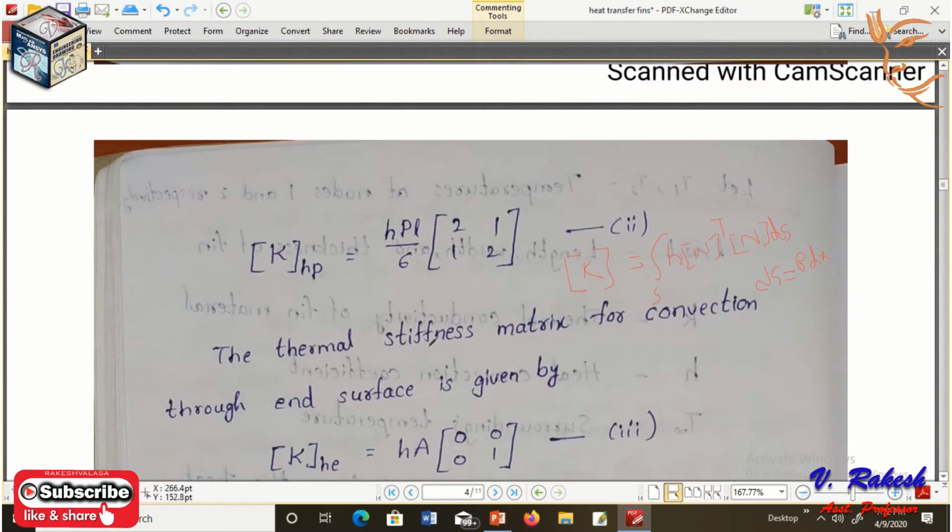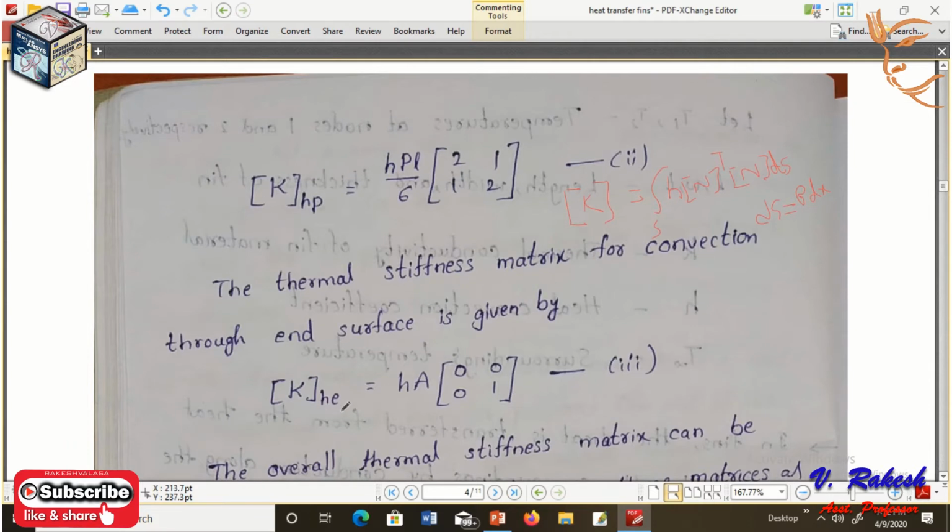The thermal stiffness matrix for convection through the end surface is given by K_he equal to hA [0 0; 0 1]. This is also derived in the previous class.